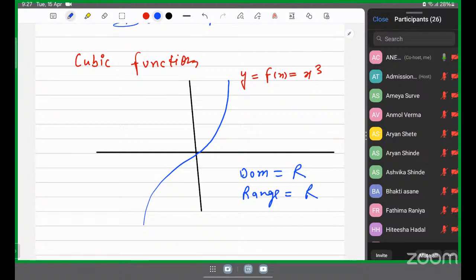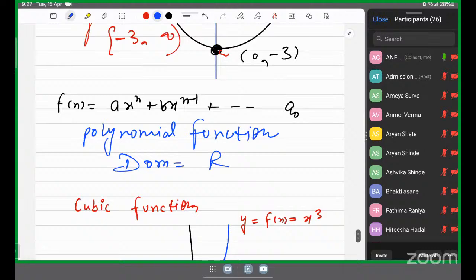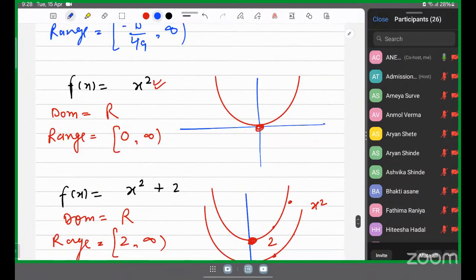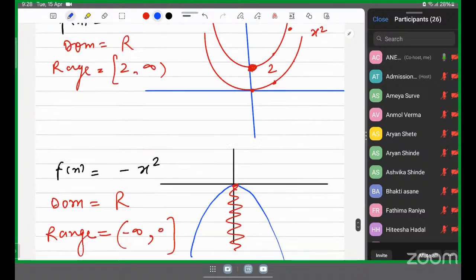But let's say if you add some constant value, what will be the change in domain and range? For example, if I add some constant value in x square, there are certain changes in its range. Domain is same, but range is changed.